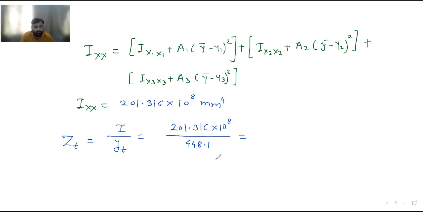So it is 44.92 into 10 raised to 6. Okay, this is correct.